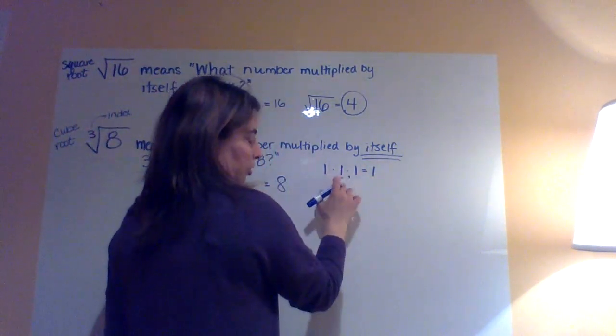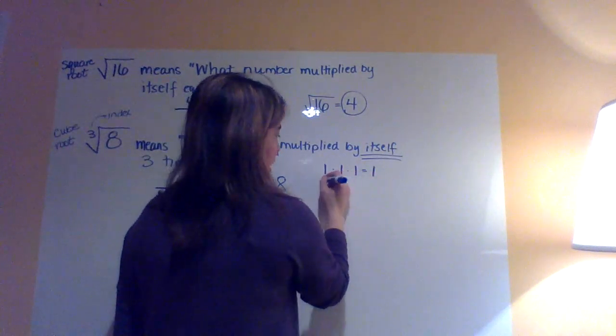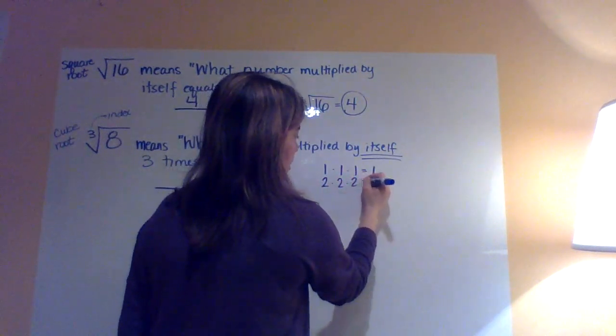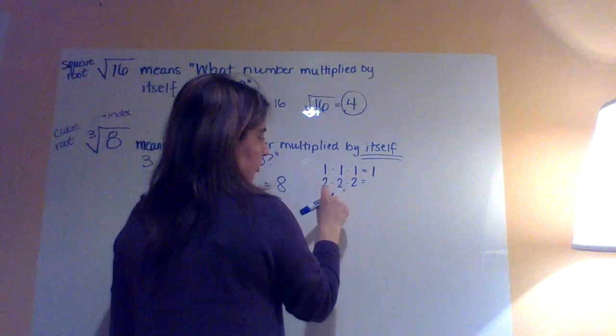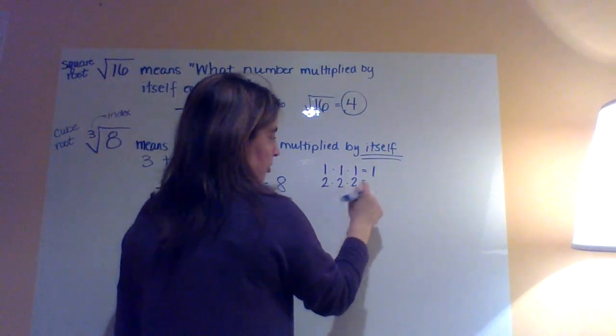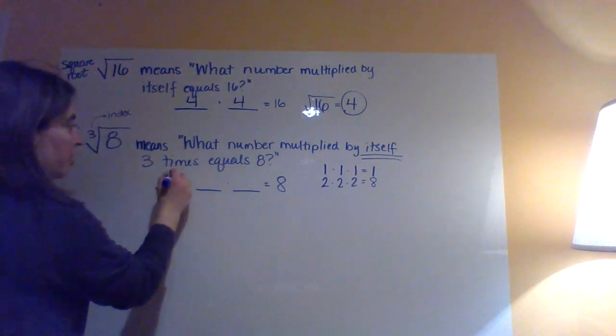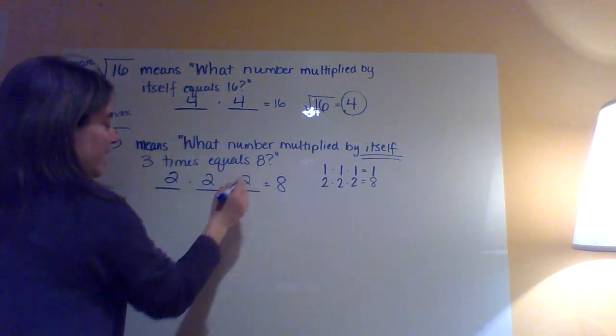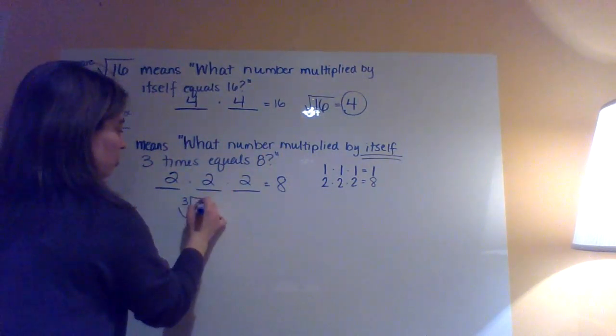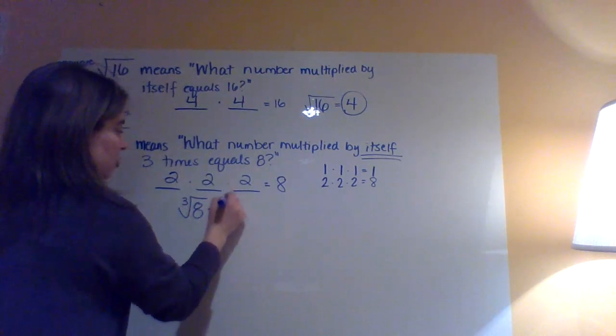That's 1. How about 2? It's not 2 times 3. It's 2 times 2 is 4. 4 times 2 is 8. So in this case, this is what would multiply to be 8. So what's my answer? The cube root of 8 is just going to be 2.